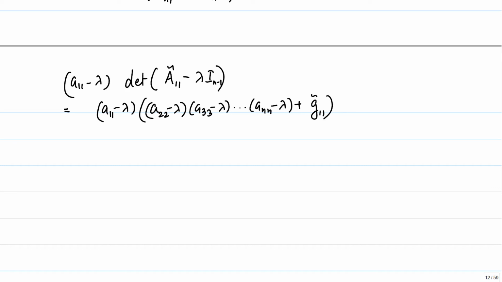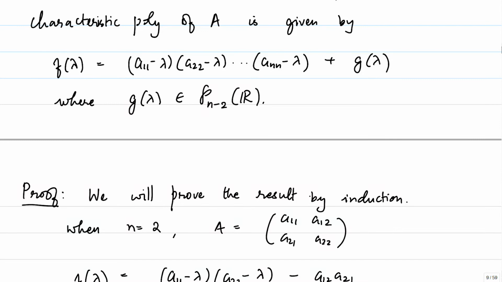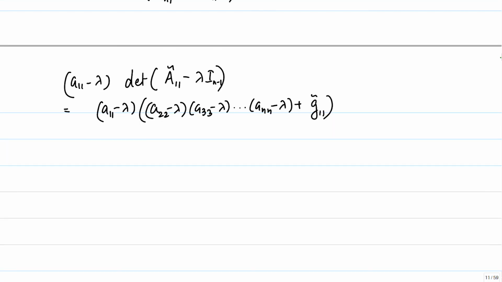So notice what was our statement? The statement was, I'm underlining it in green, the characteristic polynomial has this particular form. This is the form of the characteristic polynomial of A. In our case, our A now is A11 tilde, which is the matrix with diagonal A22, A33, up to ANN.